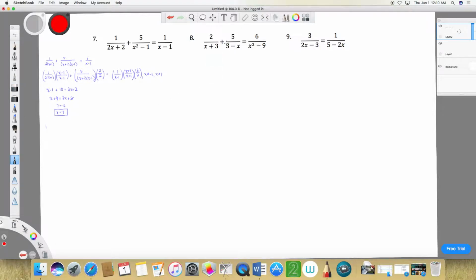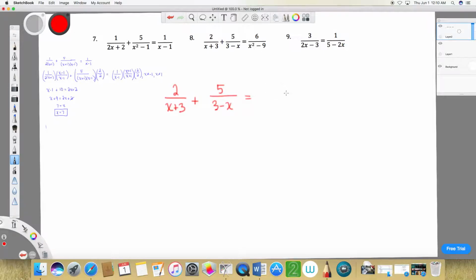On the left, I have two terms on the left-hand side, a single term on the right-hand side. I want to figure out a common denominator, but before I do that, I need to factor things. So on the left-hand side, I have 2 over x plus 3. And then right here, I'm going to just leave this for 3 minus x for just a second.